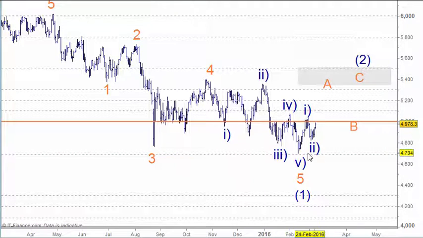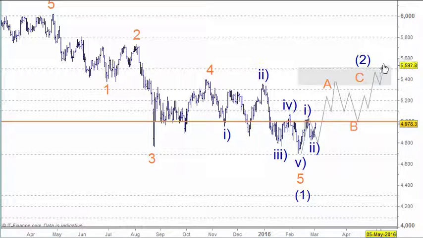So it's probable that we're looking at 1 and 2 and 3 and 4 and 5, something like this, coming into these highs here. Then the B wave coming back in 3 waves, and then 5 waves for the C wave moving up.